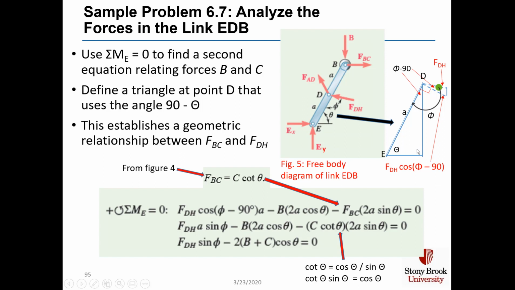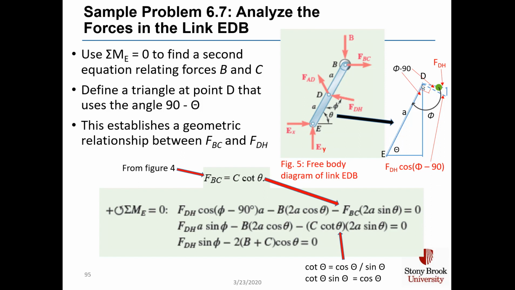And then because this angle here at the bottom is a 90-degree angle, this angle up at the top is phi minus 90, which means in our complementary triangle over here, this small one, that angle is phi minus 90, which says that F_DH times cosine of phi minus 90 is the component of F_DH that is acting perpendicular to the edge of the linkage EDB.